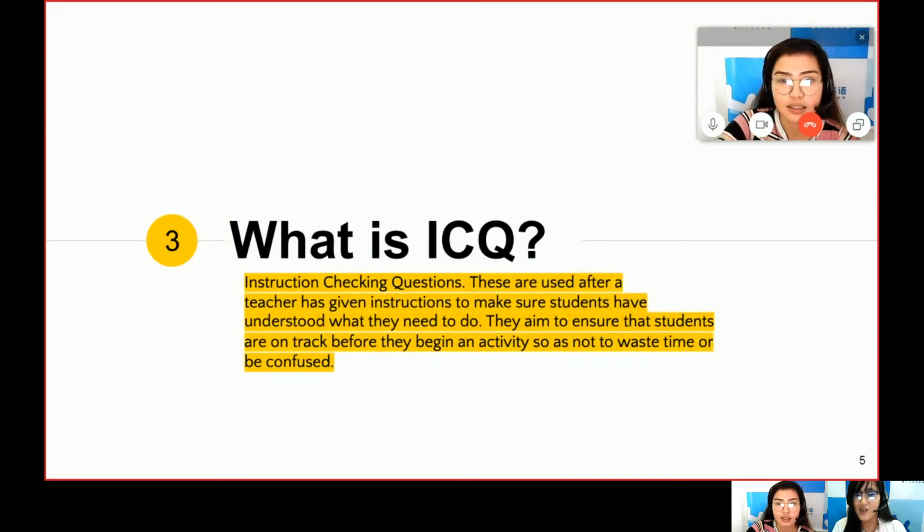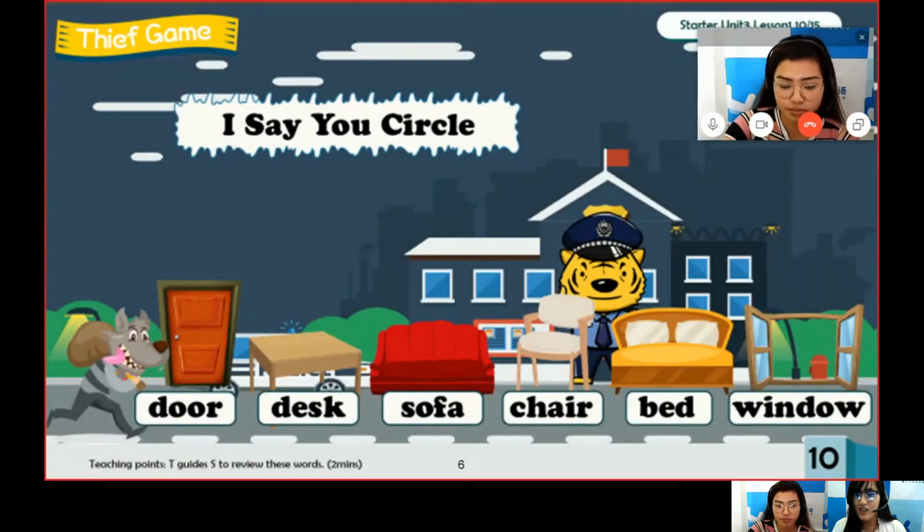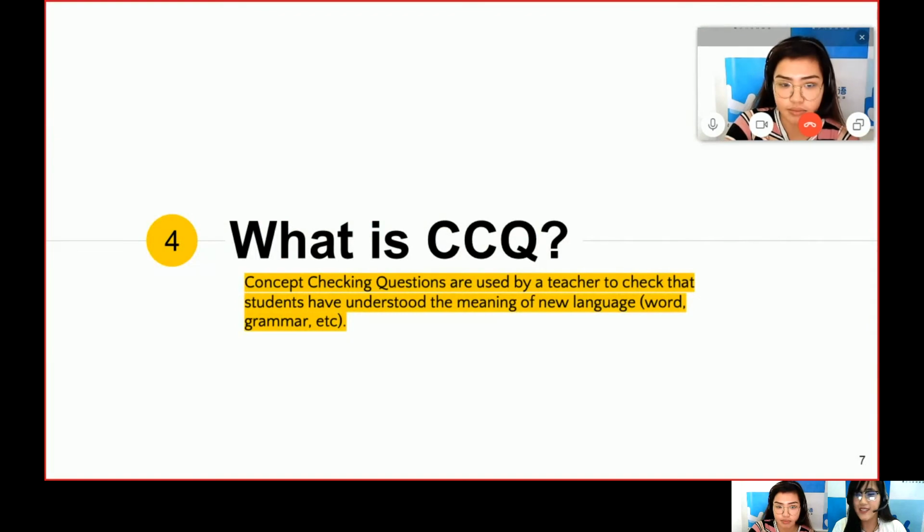Instruction checking questions, ICQ. If there is an ICQ, there is also a CCQ. So what is CCQ? CCQ, concept checking questions.